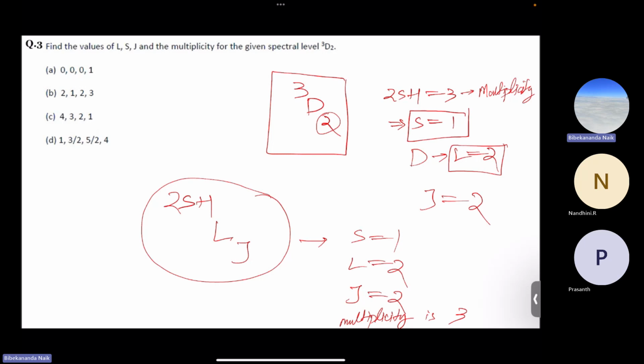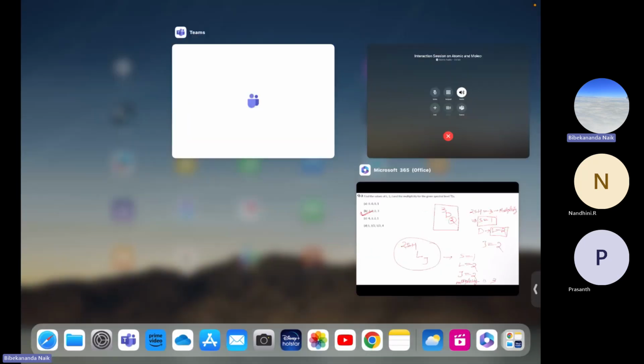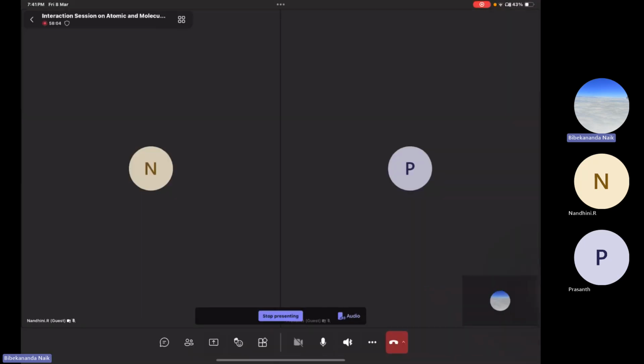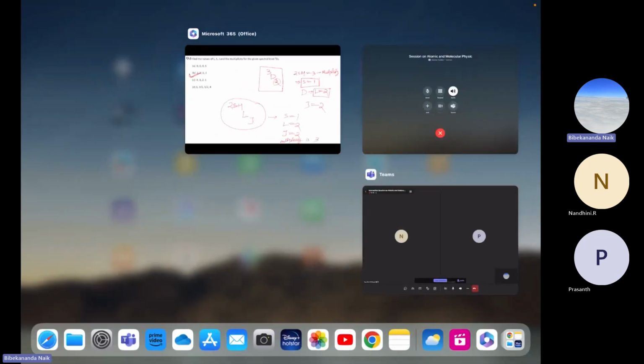So the correct option will be L 2, S 1, J 2, multiplicity 3. This will be the correct option, option B. Is this clear to you? Okay, so let's go to the next question.